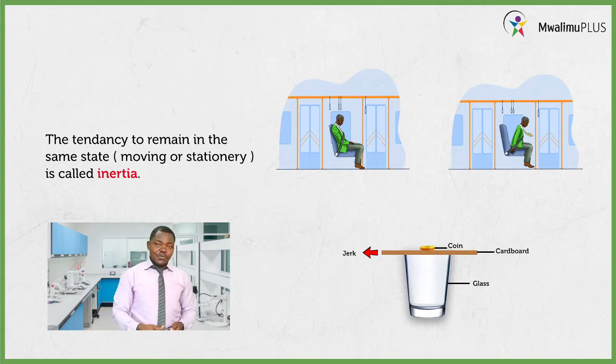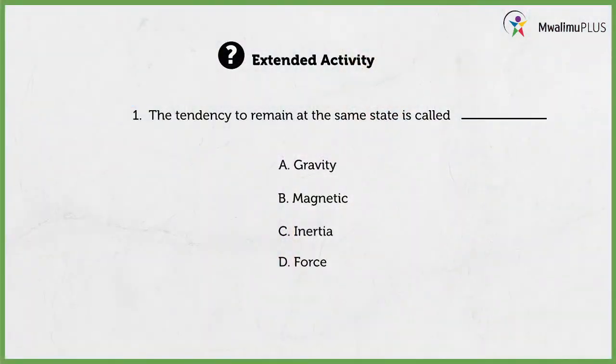So as we finish the lesson, we want to look at the extended activity. Activity number 1 says the tendency of an object to remain in the same state is called: A, gravity; B, magnetic; C, inertia; and D, the force.